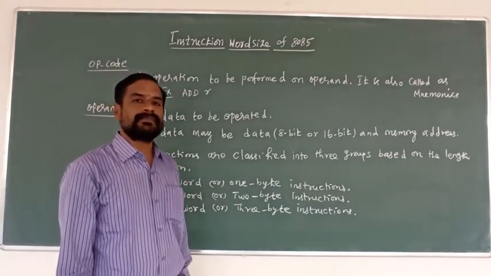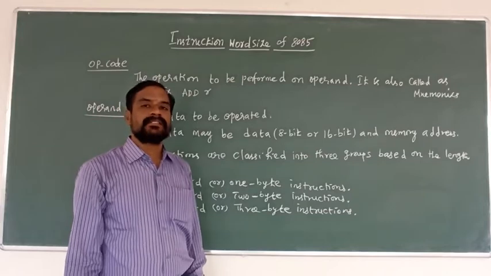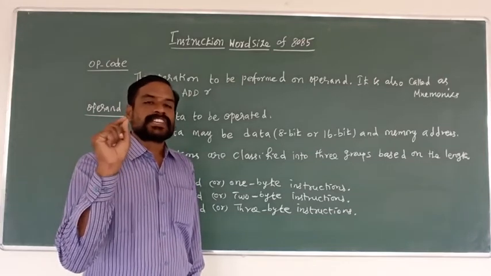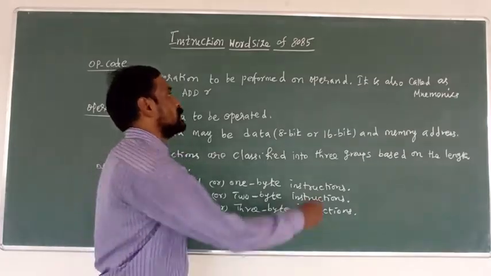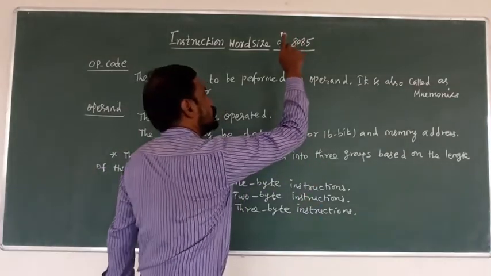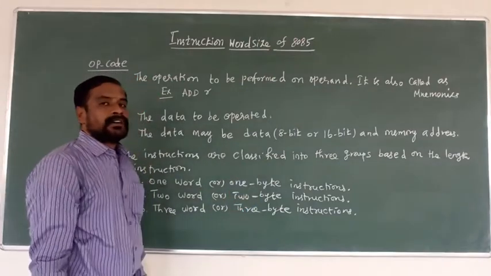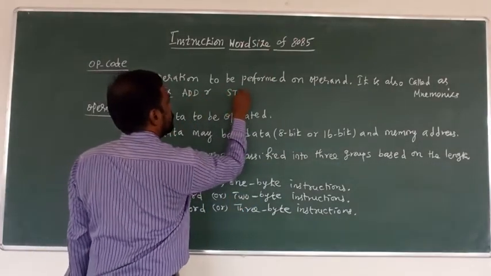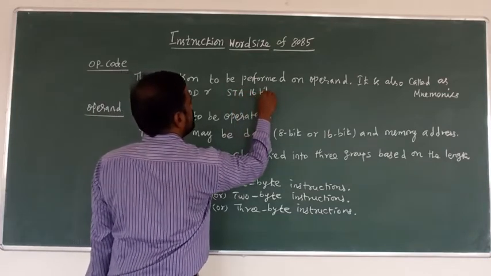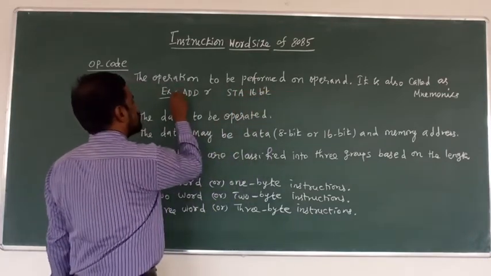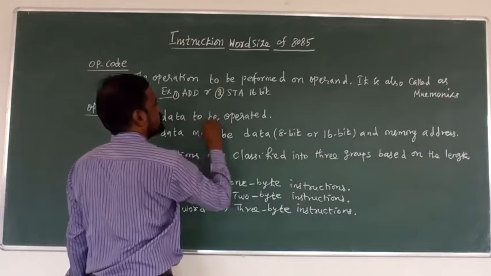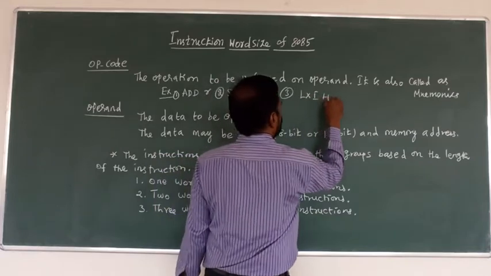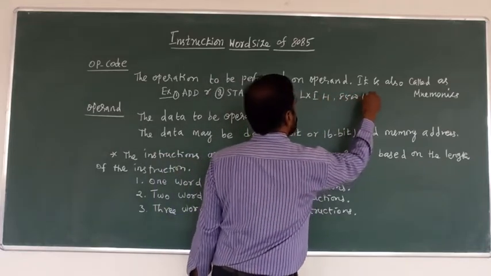There will be some standard operation code for each instruction in the 8085 microprocessor. Second example, STA 16-bit address, and third example, LXI H, 8500H.